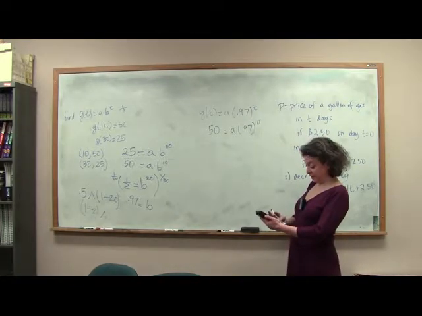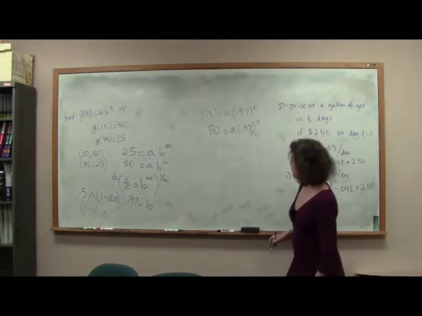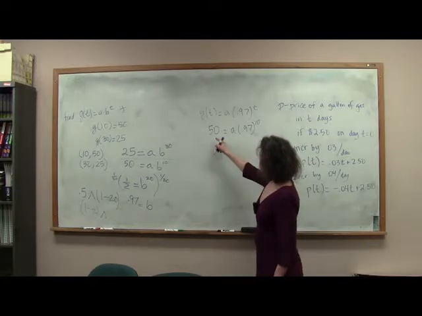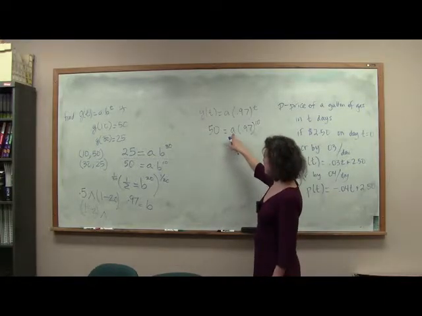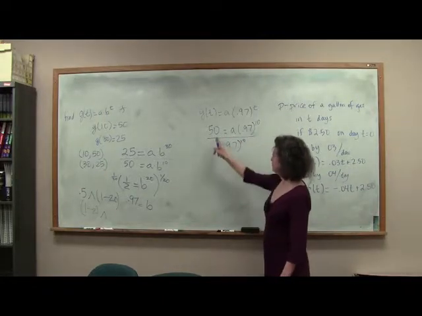So I'm going to use my handy dandy calculator and compute 0.97 to the 10th power, and you're going to get some nasty decimal. But essentially, the way to solve this, in other words, to get the value of a, is you're going to take both sides and divide by this value.